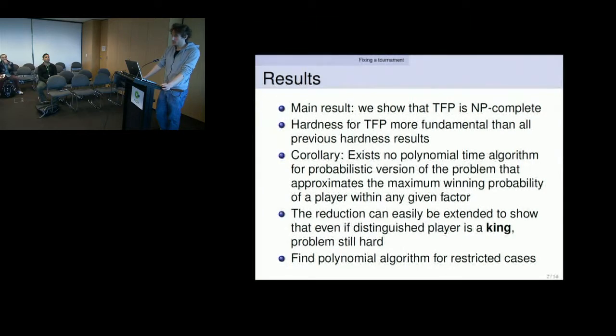We can show that even if the distinguished player is a king, it's still NP-hard to find a draw where that player wins, in the worst case. And we also show polynomial algorithms for restricted cases, which I'm going to talk about later.